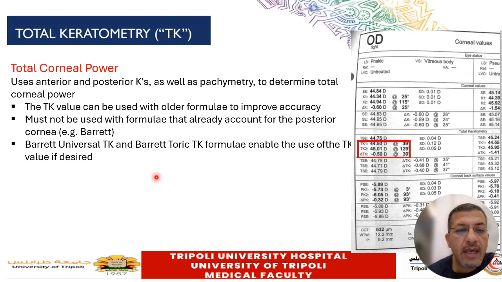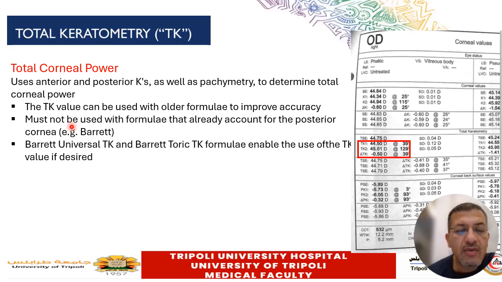Now, the importance is that you can use the TK value in any IOL formula; there is no problem. Previously, they were saying that some formulas, like the Barrett Universal formula, take into consideration the posterior surface, so TK should not be used. However, many studies show that there is no statistical significance between the K and the TK value in normal average size eyes.